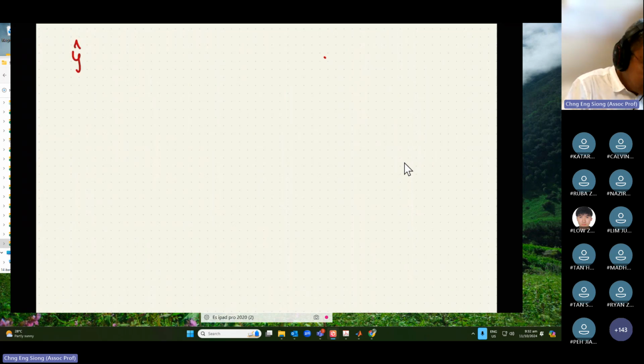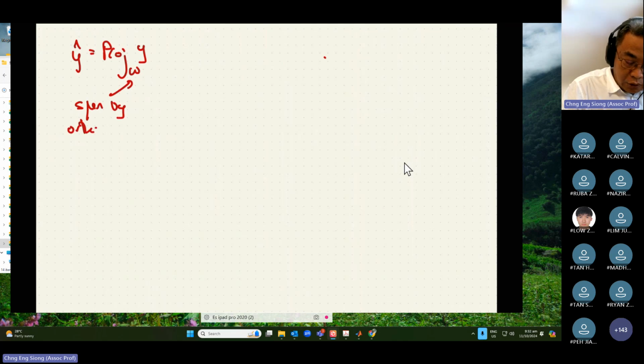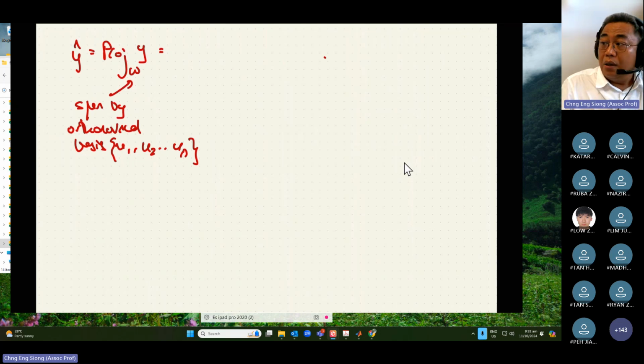Y hat is the projection of y onto W, and then we span by orthonormal basis U1, U2 to UN. And then, of course, we write y dot.